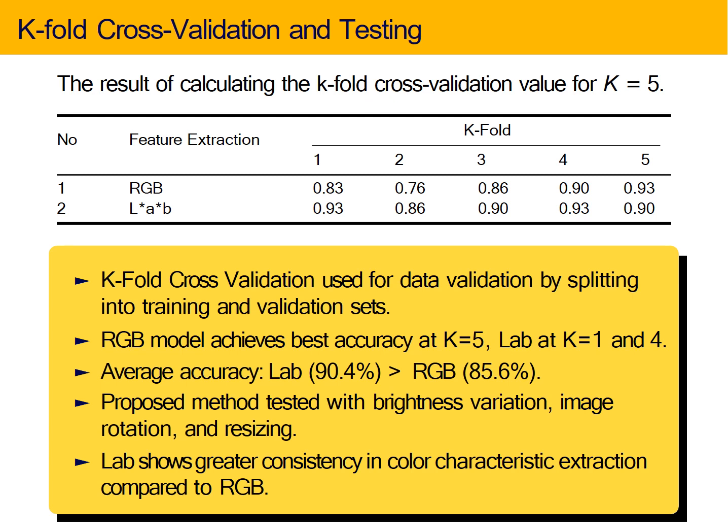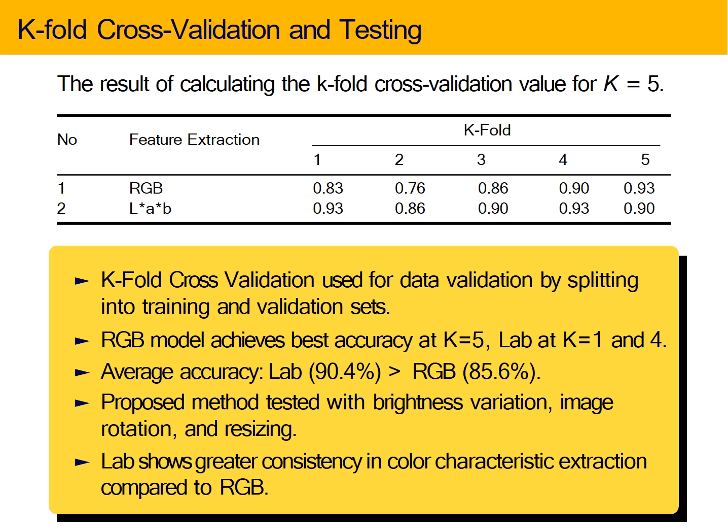The RGB model achieved best accuracy at K is 4 and LAB at K is 1 and 5, and the average accuracy for the LAB in the KNN is 90.5% and RGB is 85.6%. The proposed method was tested with brightness variations, image rotation, and resizing, and LAB shows greater consistency in the color characteristic extraction compared to RGB.